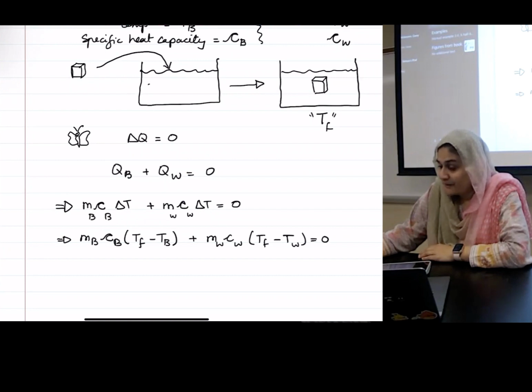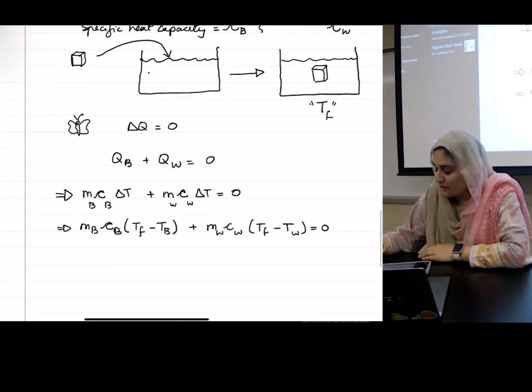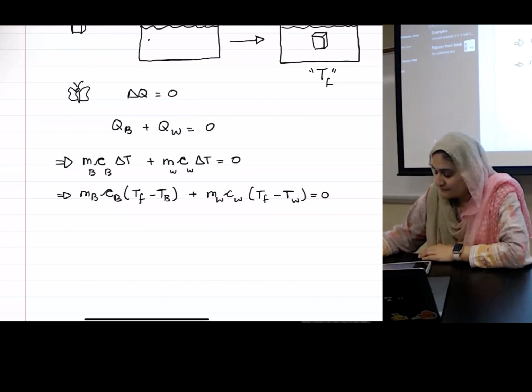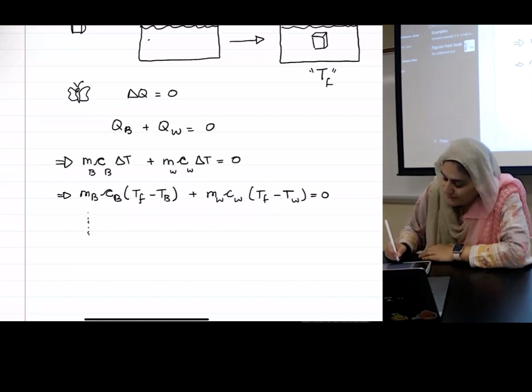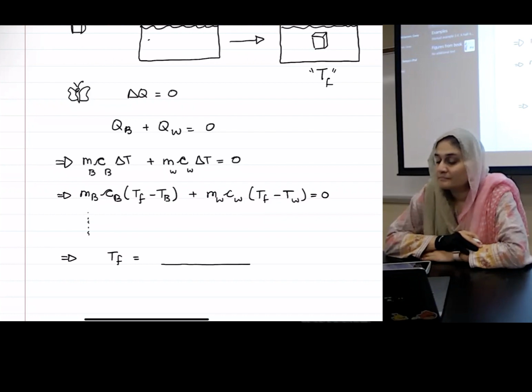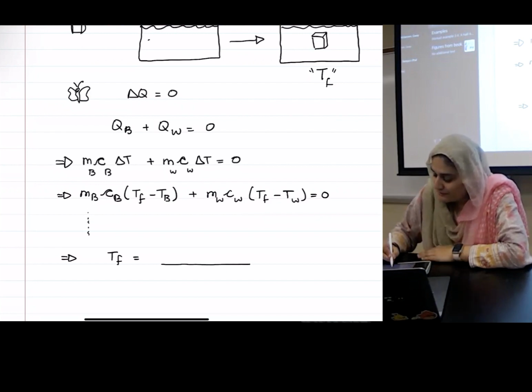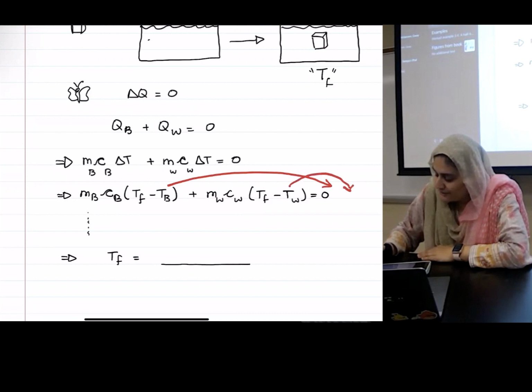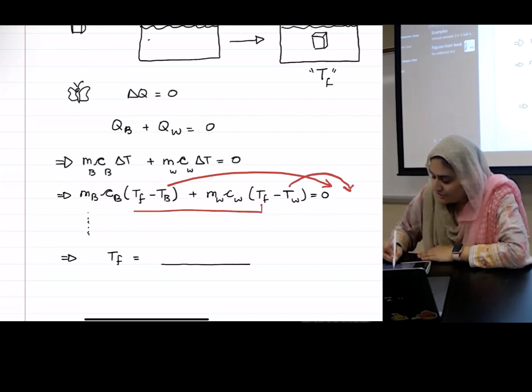Yes? May I rearrange and solve? I think there's like 2 steps in the middle to get me my T final. Can you guys do that? Right, so all you have to do is move this one over and then that one over and then combine these 2 together.